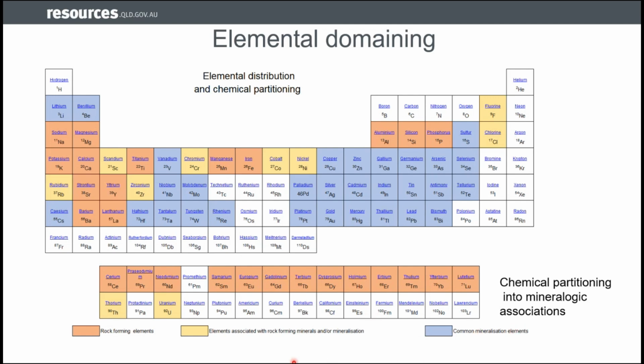And anything in between, I'll lump into either rock or mineral forming groups. What it shows is the critical metals span across all groups. And it means that there is a strong mineralogic and petrogenetic control on the distribution of critical metals itself.